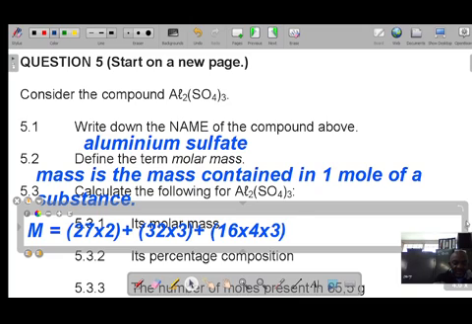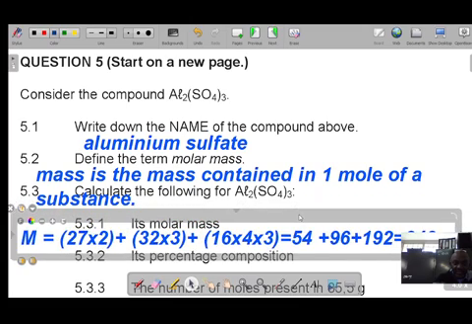We're going to get 54 plus 96 for sulfur, then plus 192 for oxygen, which gives us 342 as our total.